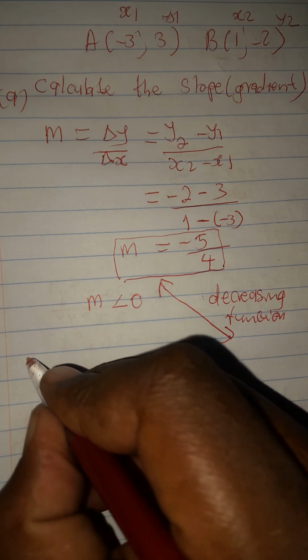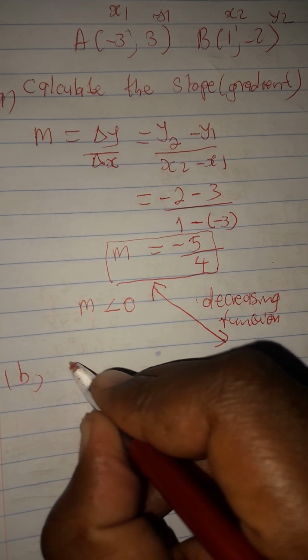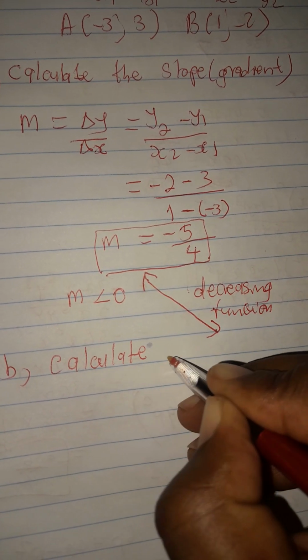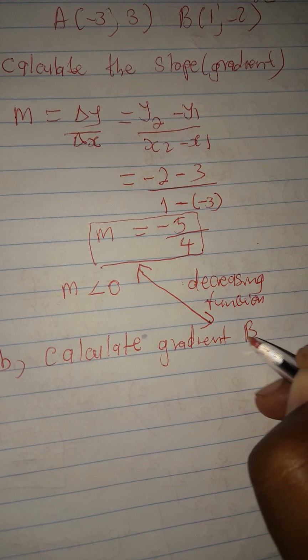Let's go to B. Let's calculate the gradient of BC.